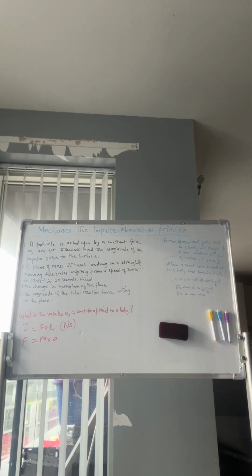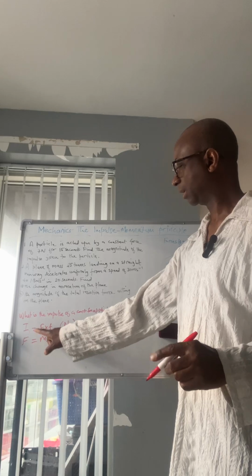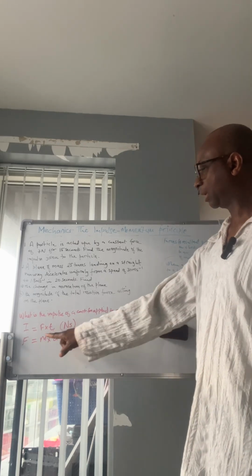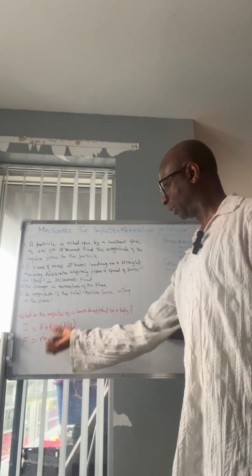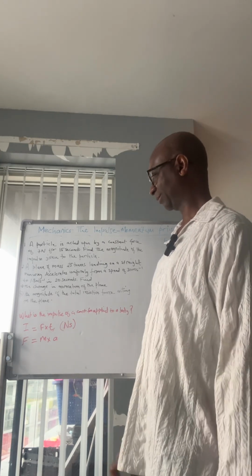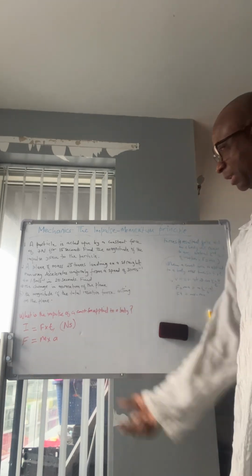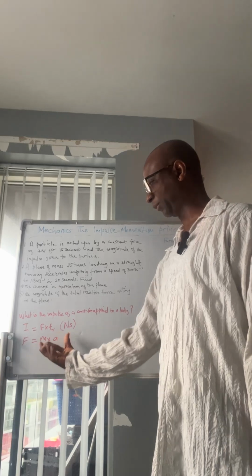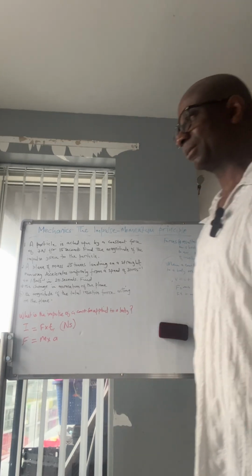So now we want to find a relationship. Impulse equals force times time, and force equals mass times acceleration. It means there is something common to these two equations. This is Newton's second law of motion, don't forget. We have acceleration here.